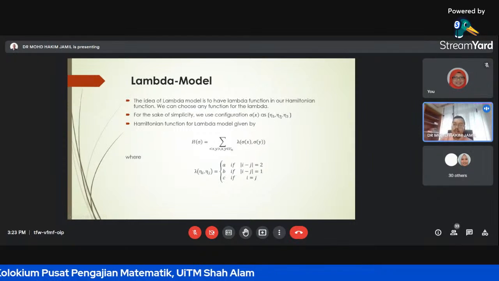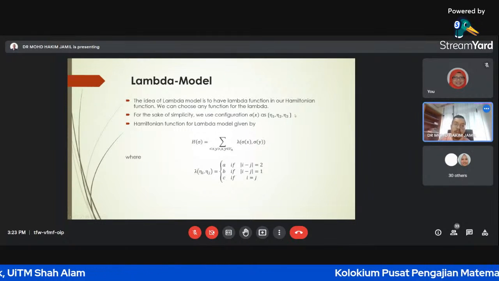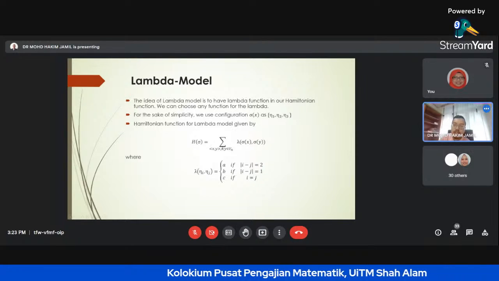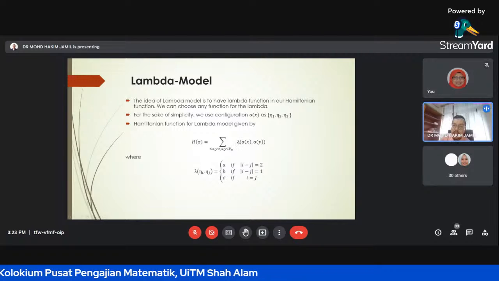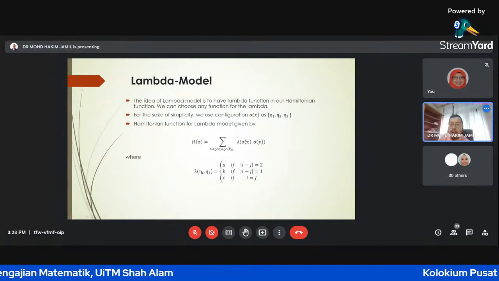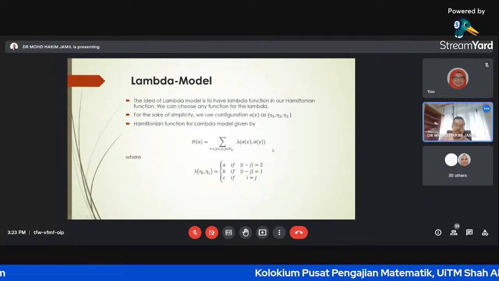So this one is our configuration, and this one is the Hamiltonian function for the lambda model. As you can see, compared to the Ising model and the Potts model, we use a lambda function here.